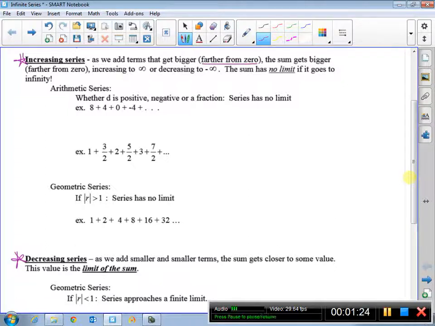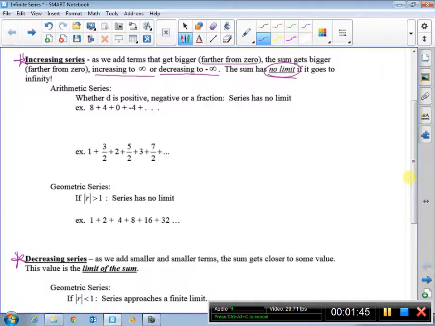Then the sum would be getting bigger and bigger, also farther from zero. So the sum is increasing to infinity. If it's going in the negative direction from zero, then it's decreasing to negative infinity. Either way, we say that that sum has no limit.